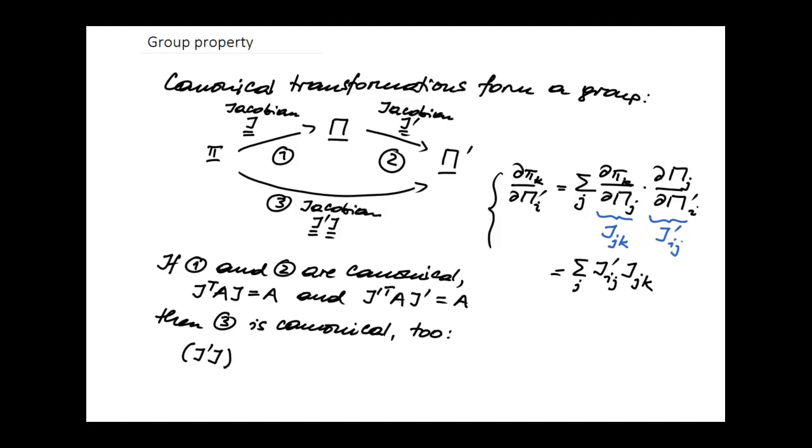Let's take this effective Jacobian of coordinate transformation number 3, take the transpose, multiply with A, and then this Jacobian again, J prime J. This equals J transpose, J prime transpose, A, J prime J.